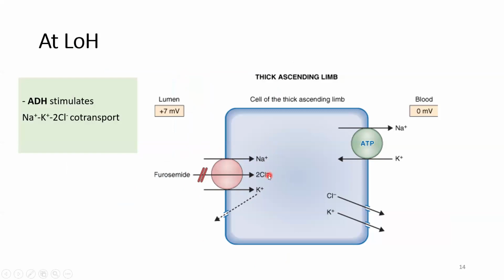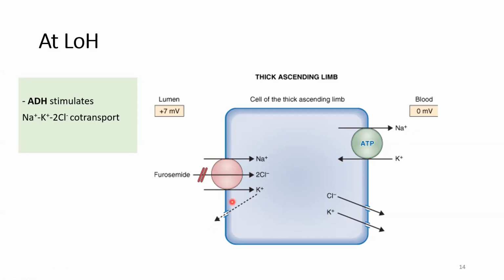The sodium and chloride are reabsorbed to the interstitium. Potassium can be secreted and is also reabsorbed here. The main point in this segment is that this symporter plays a very important part in the concentration of urine. Remember this. We'll be discussing this under water homeostasis. This symport mechanism is crucial in concentration of urine.